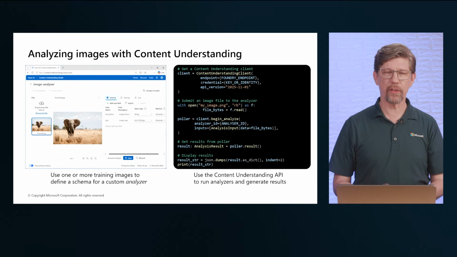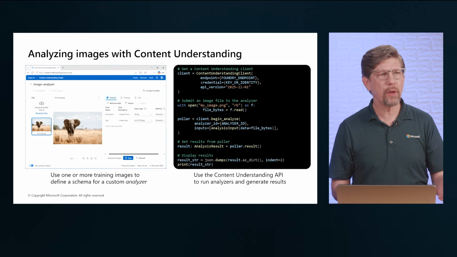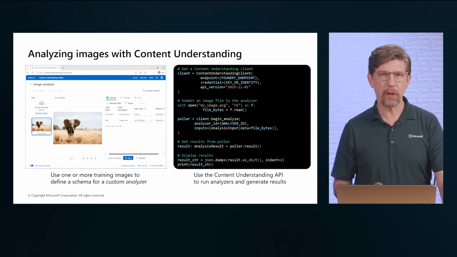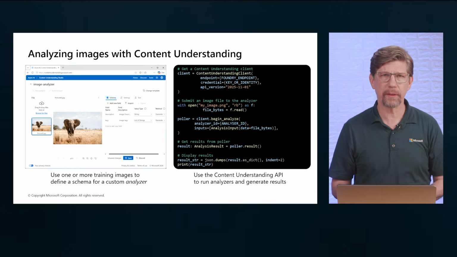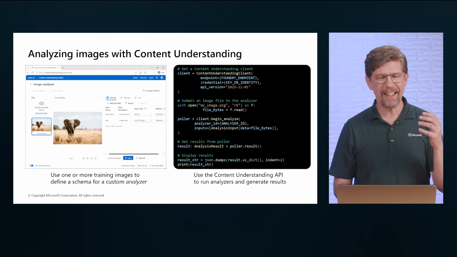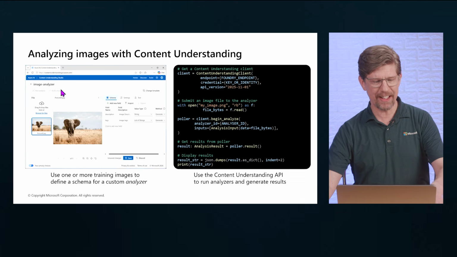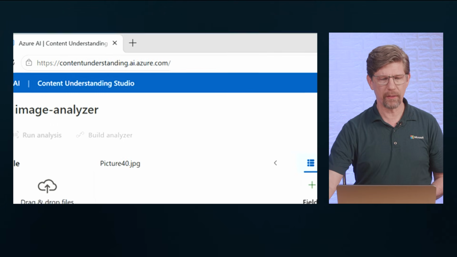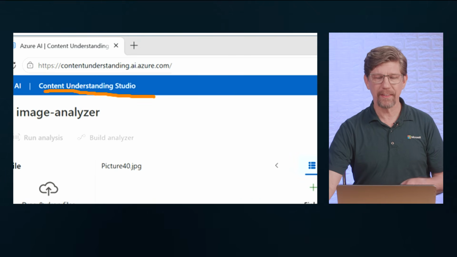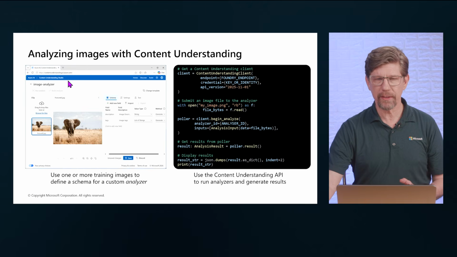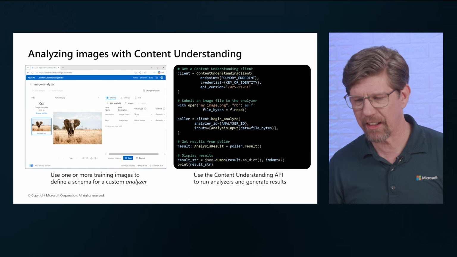So what does it take to do this? A couple of things are going to change. Number one, we're used to going into Foundry's portal and working in the playground for all of our model work. In this case, we have another tool. If we dig into the underlying URL, this is the Content Understanding Studio at contentunderstanding.ai.azure.com, a purpose-built tool that does just one thing, and that's content understanding.